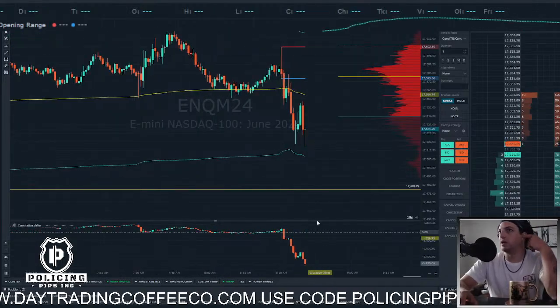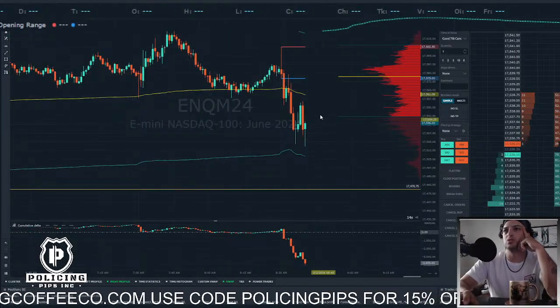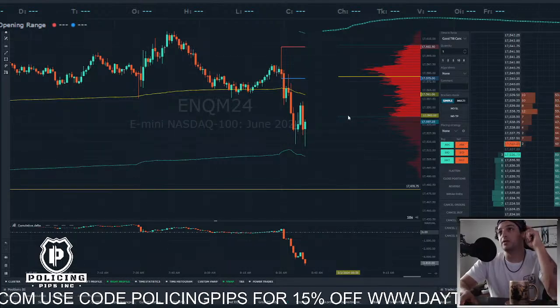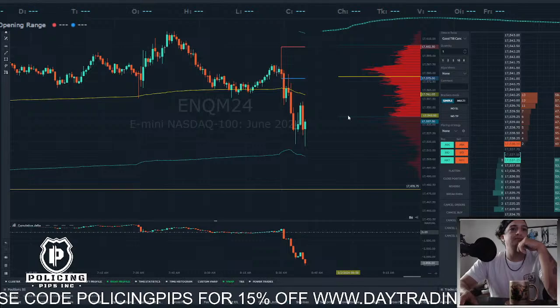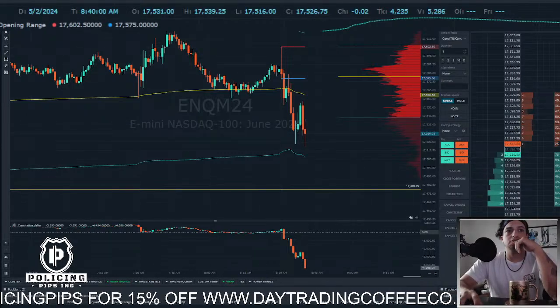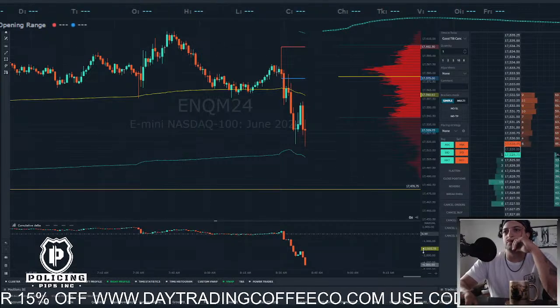Heavy delta to the downside. Price tried to wick the low and is trying to reject as well. We got the value area high, value area low here at 17,543. Delta is still pushing heavy to the downside.